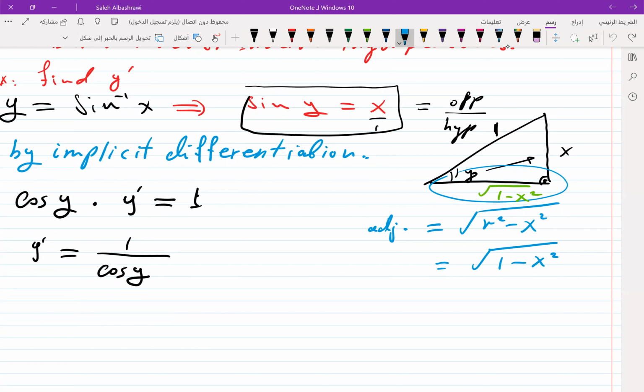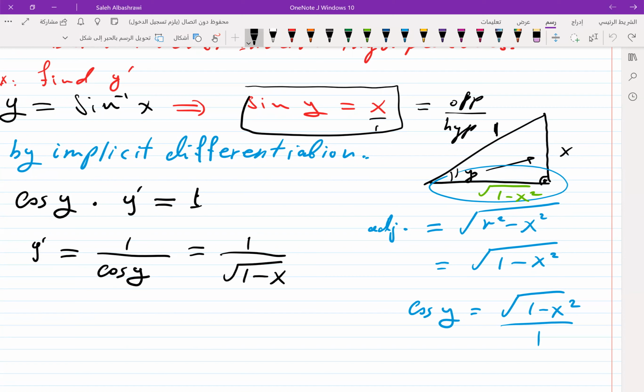So cosine of y is equal to the square root of 1 minus x squared divided by 1. So this function can be written as 1 over cosine of y, which is 1 over the square root of 1 minus x squared.